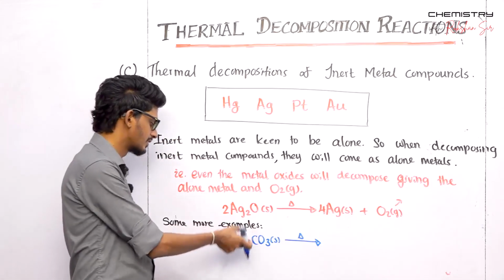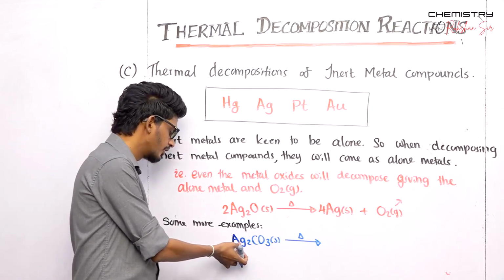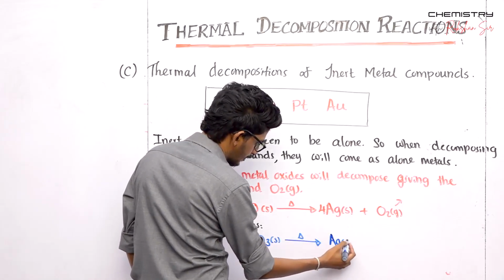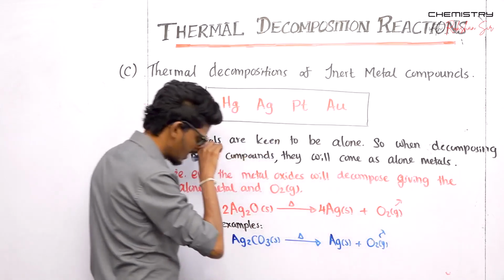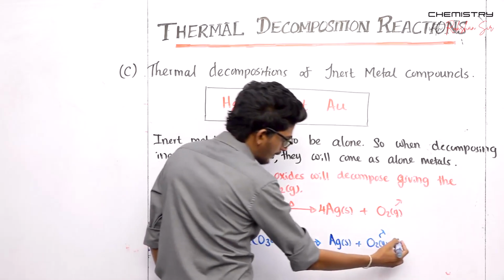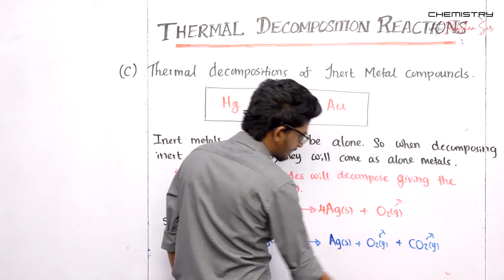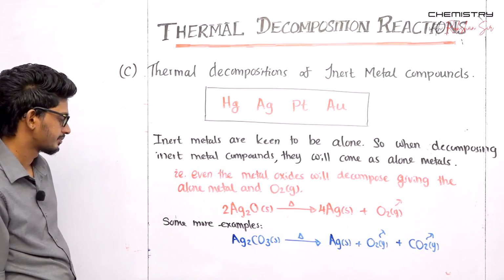But as silver is kind of inert, the metal oxide will also decompose to give you the metal and the O2, and CO2 will be produced. Those are the products.